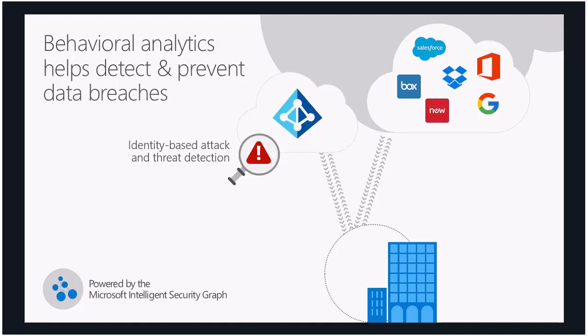So we're moving from those signatures into something more behavioral-based, seeing how an application, or in this case where we're talking about users, how a user performs and acts within a given environment to determine if this is a potential threat.